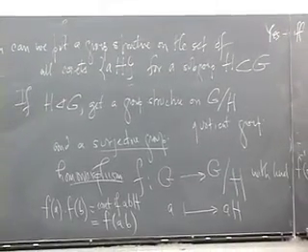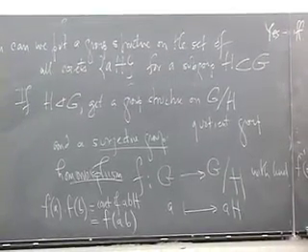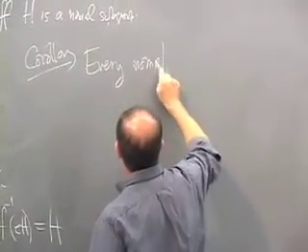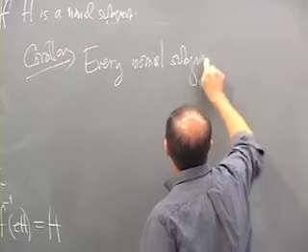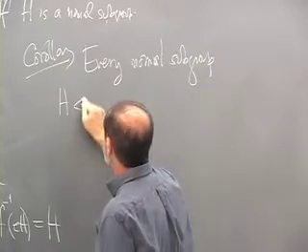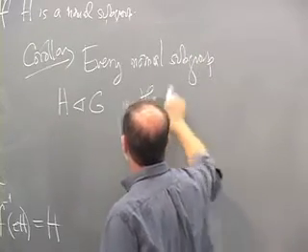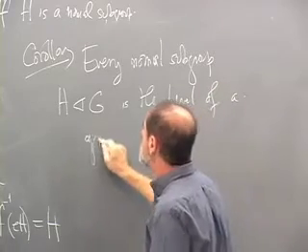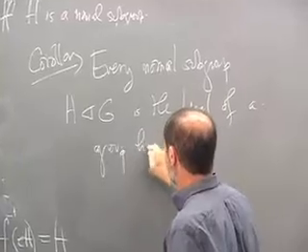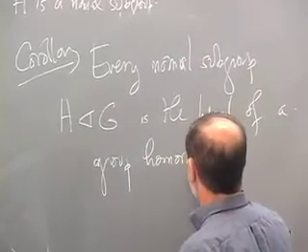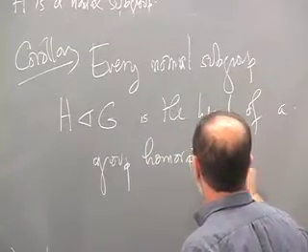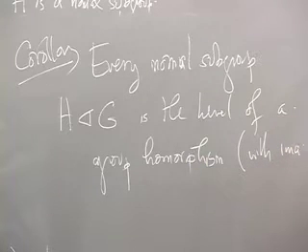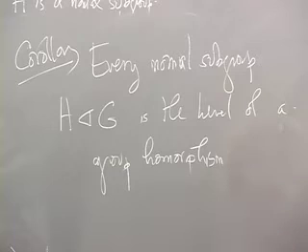Corollary. Every normal subgroup H of G is the kernel of a group homomorphism. It's the only way to get normal subgroups.